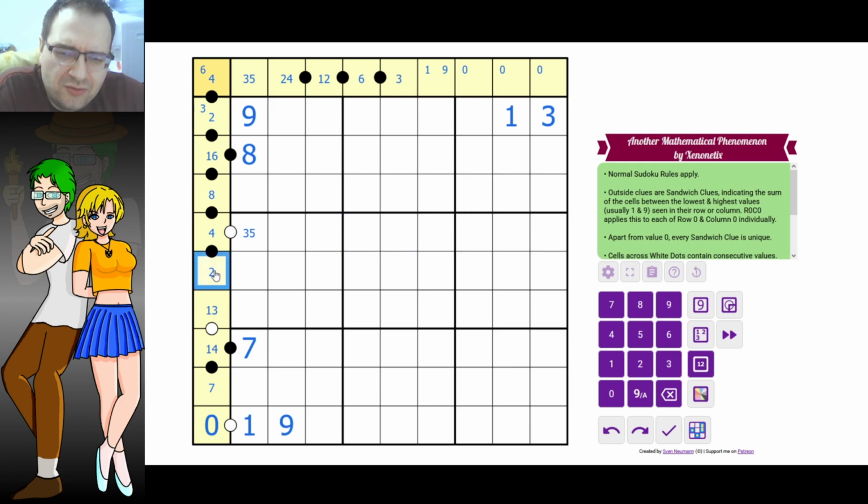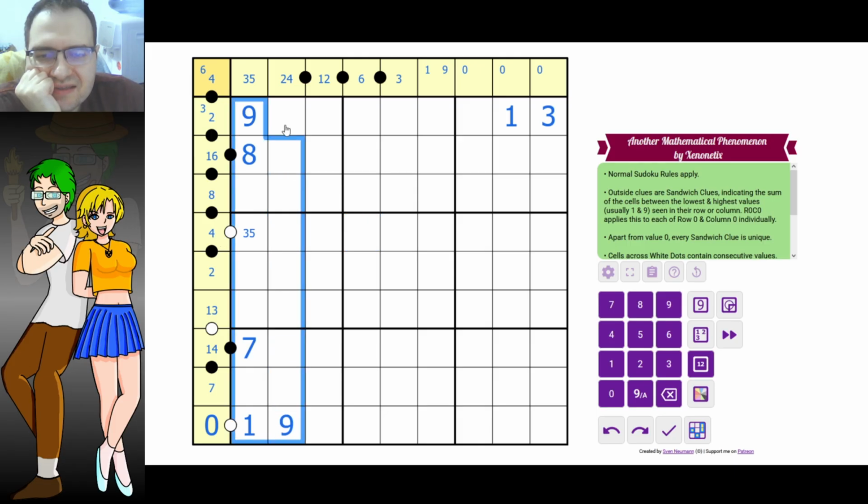So here we have a 2 and a 4. A 2 and a 4 means that it has to be a 1, 2, 9 or 9, 2, 1 sequence, and a 1, 4, 9 or a 9, 4, 1 sequence. And we have 9s here.